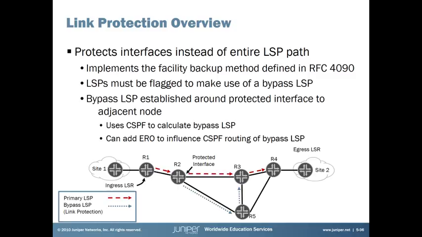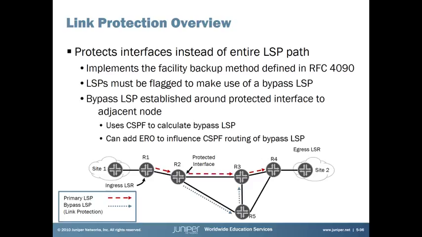So this is the primary difference between fast reroute and bypass LSPs. Fast reroute is specific to a label switched path, so its context is protecting an LSP. Whereas link protection, its context is protecting a particular link or a particular interface.